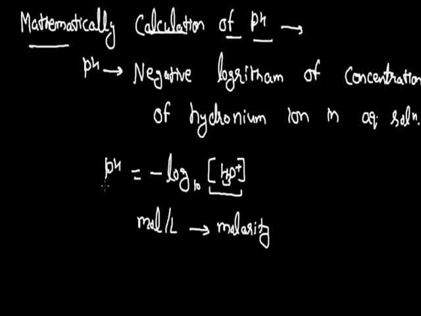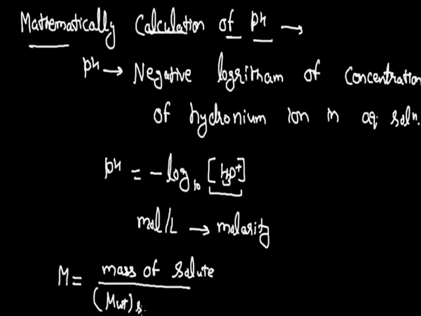Otherwise, if the mass or the volume of solution is given, then with the help of the formula of molarity we can calculate the pH of that solution. And for the calculation of concentration, we can use the molarity formula. That is, for the calculation of molarity, you use the mass of solute divided by the molecular mass of solute, and here we use the volume of the aqueous solution in which the solute is dissolved.